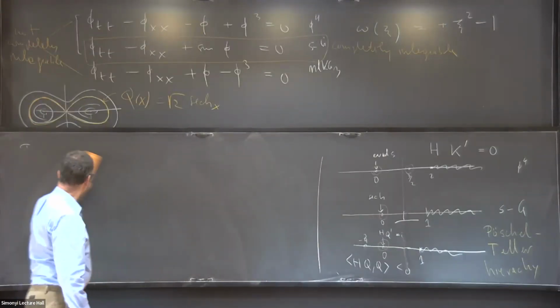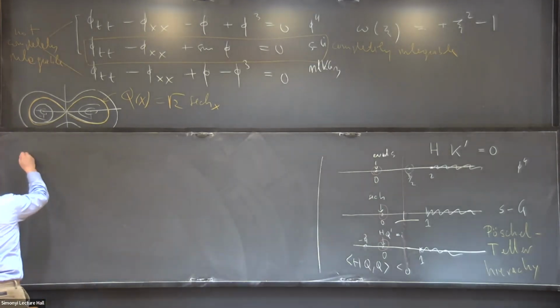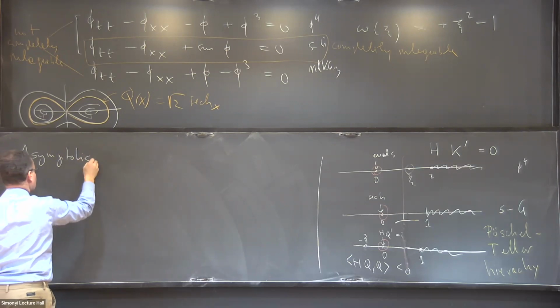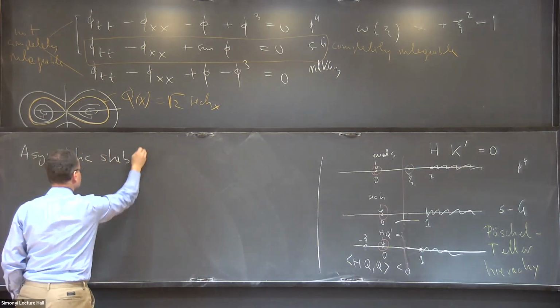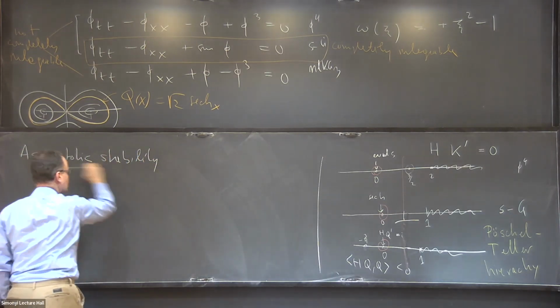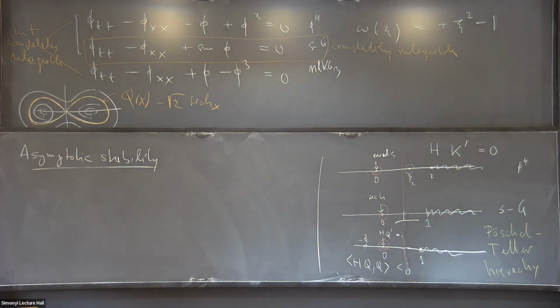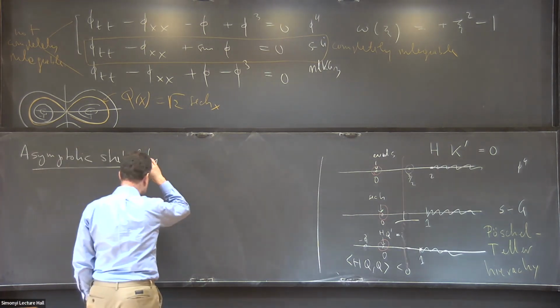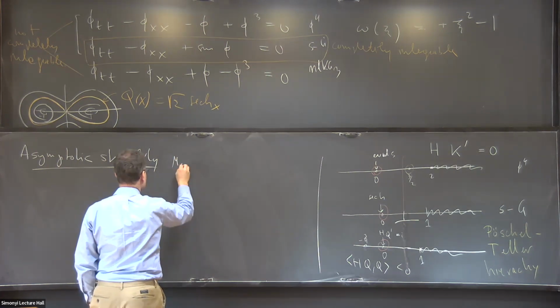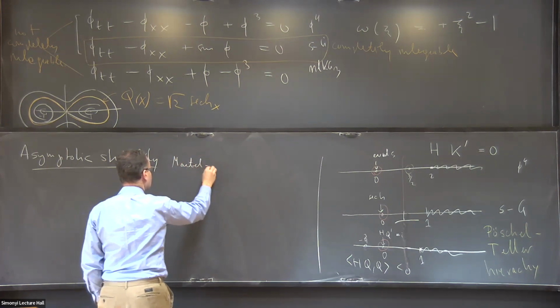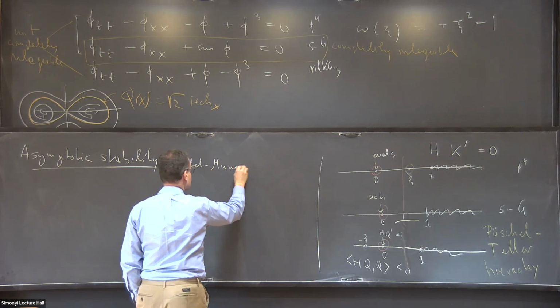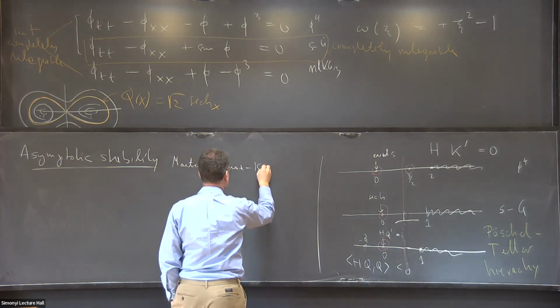Now, what about asymptotic stability? Let me write down a theorem. And this is very much an ongoing story. So there is this remarkable work by Martel, Munoz, and Kowalczyk.